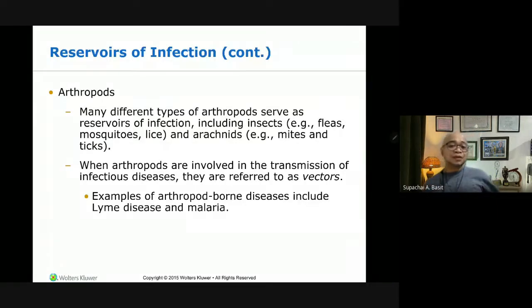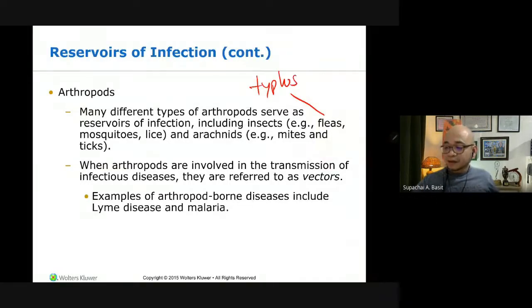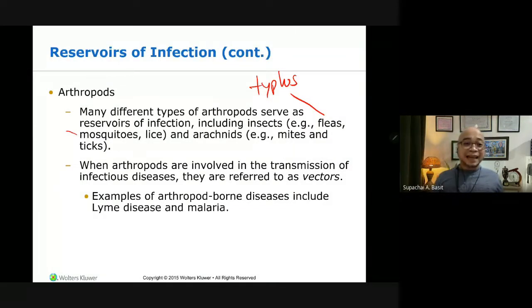Many different types of arthropods serve as reservoirs of infection, such as insects. Fleas, you can get typhus fever. Mosquitoes, you can get malaria and dengue. Lice, you can also get typhus fever.